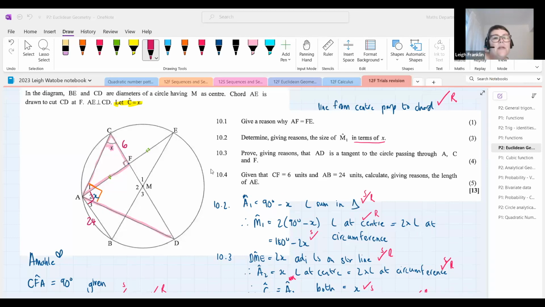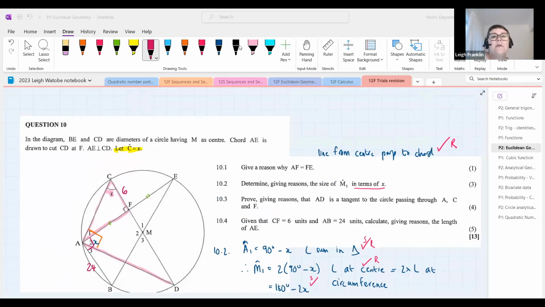Has it given us any other information that we have missed here? Why are you confused, Gugu?